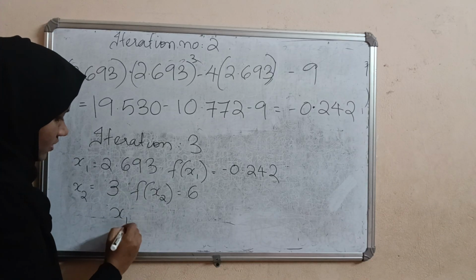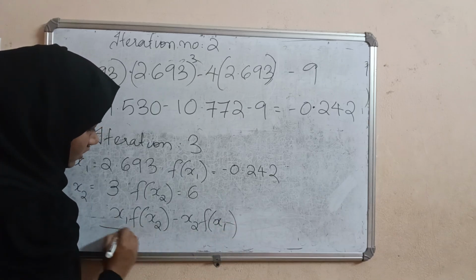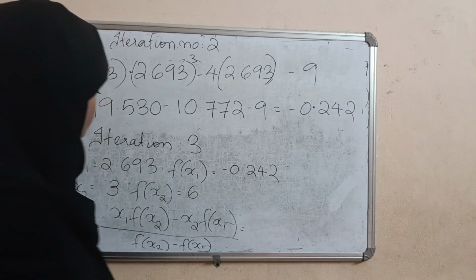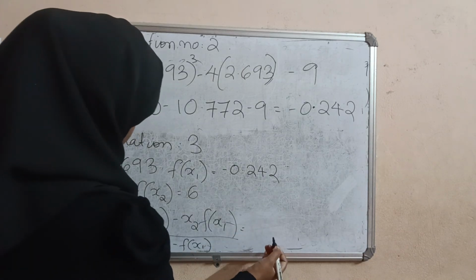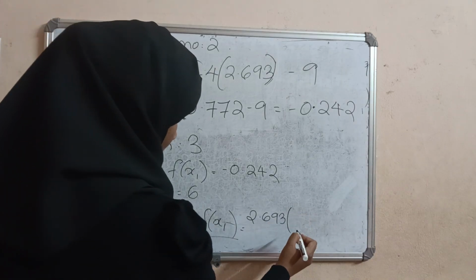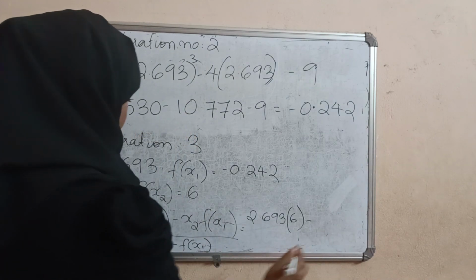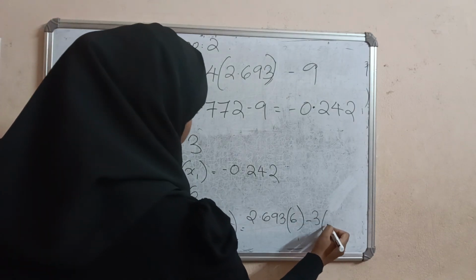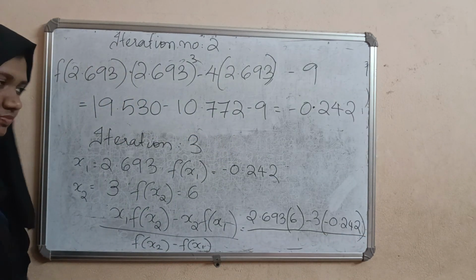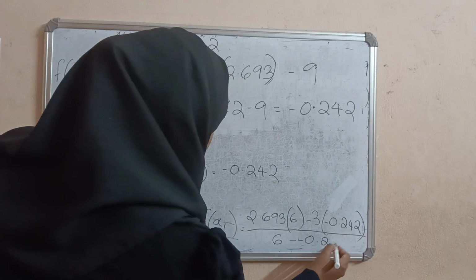Again we put the value: x1 into f of x2 minus x2 into f of x1, the whole divided by f of x2 minus f of x1, which is equal to 2.693 into f of x2, which is 6, minus x2, 3 into minus 0.242, the whole divided by f of x2, which is 6, minus minus 0.242.